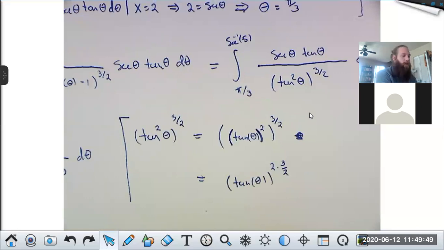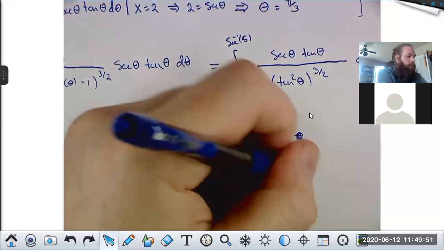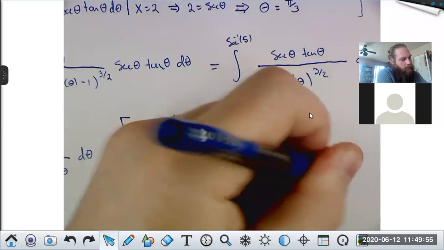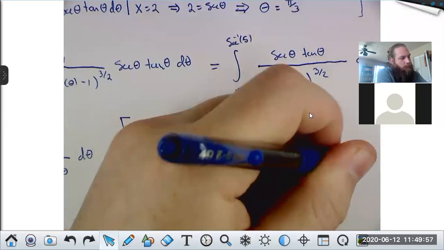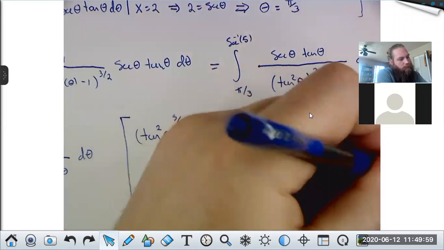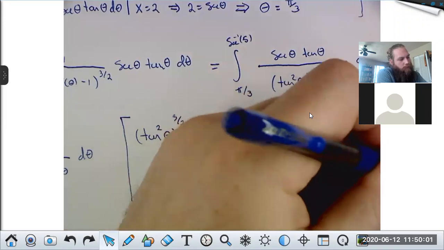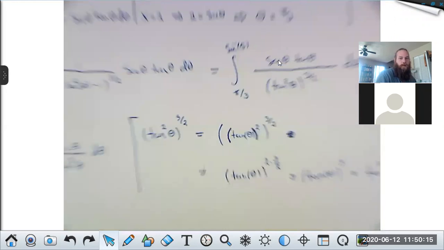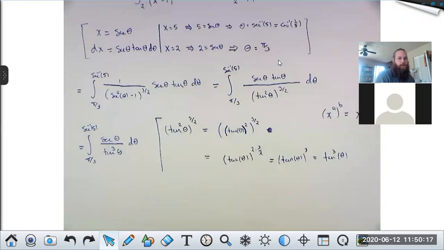And 2 times 3 halves is 3. So this is tan theta to the 3, or tan cubed theta. So maybe this was the sneaky part. In any case, this is where we land.